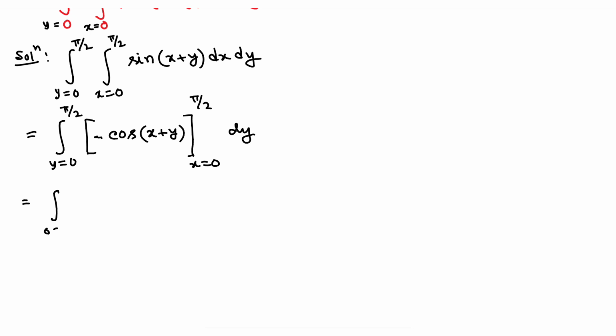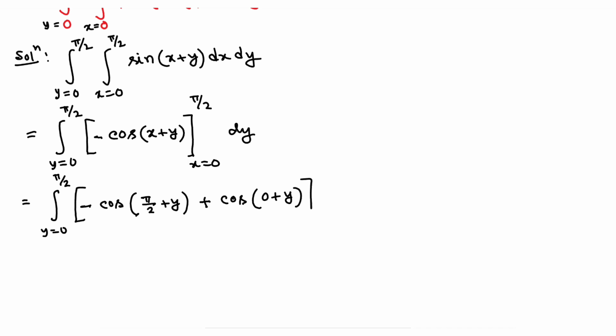You have to put x equals 0 and pi by 2, so this is equal to integration 0 to pi by 2 of minus cos of (pi by 2 plus y), upper limit minus lower limit, so minus minus plus cos of (0 plus y), dy.